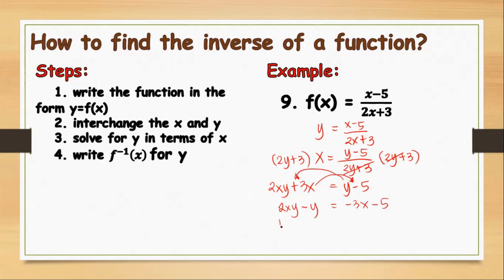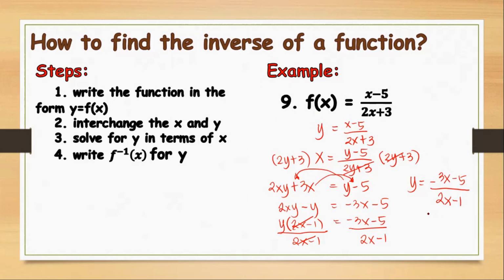Then factor this out. We can have y times 2x minus 1 equals negative 3x minus 5. Then we can divide both sides by 2x minus 1 in order to eliminate that factor. Okay, so we have y equals negative 3x minus 5 all over 2x minus 1.